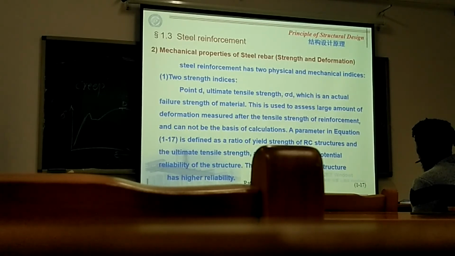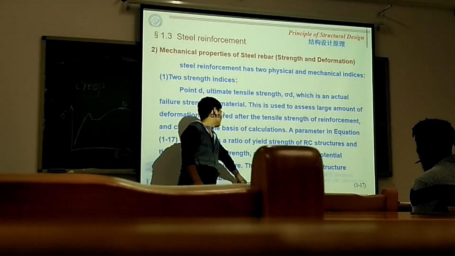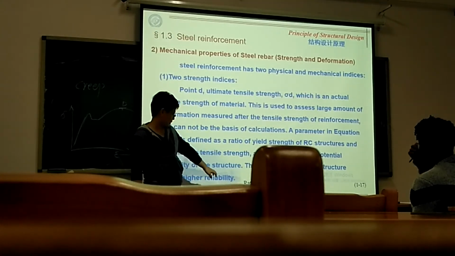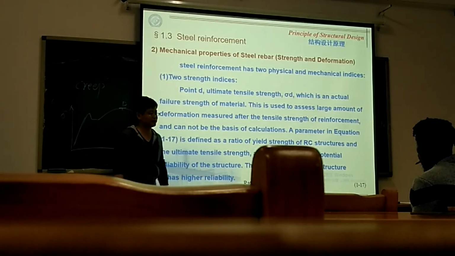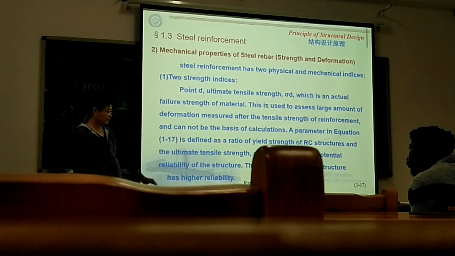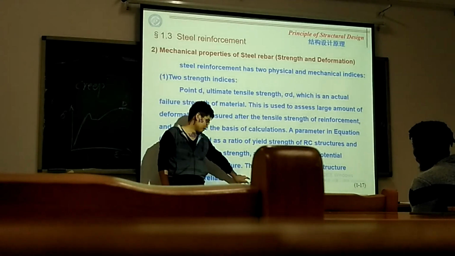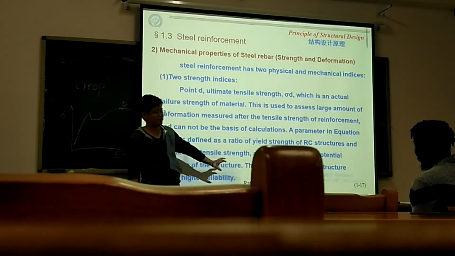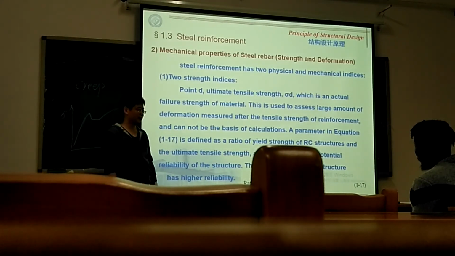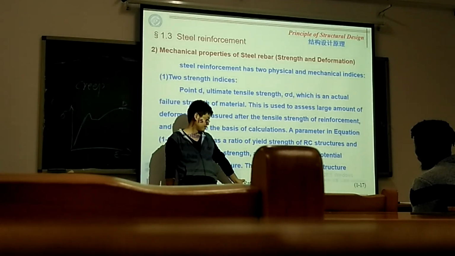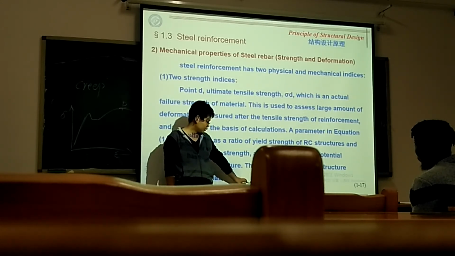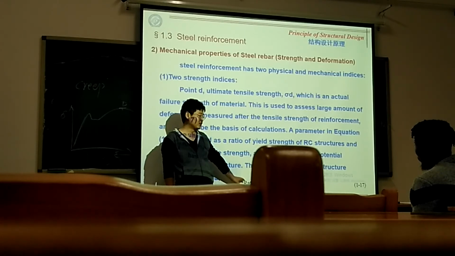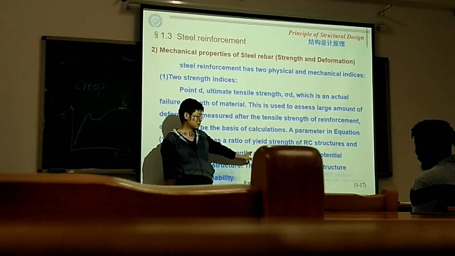See this ratio. Yield strength divided by the ultimate strength. What's the value of the ratio? If the value is larger or smaller, which is good?